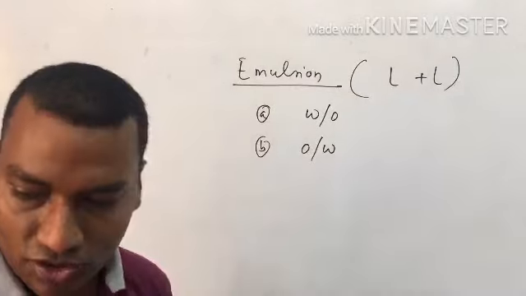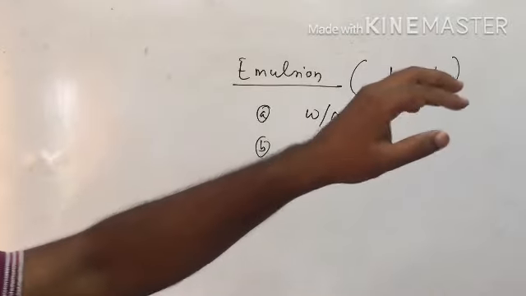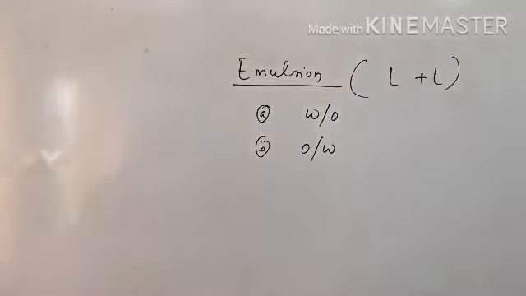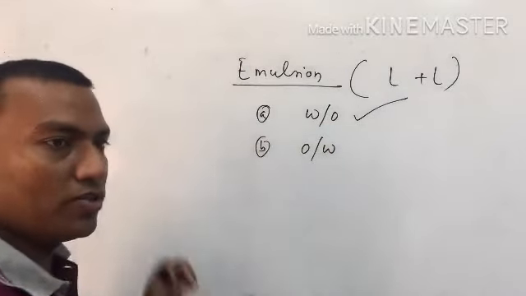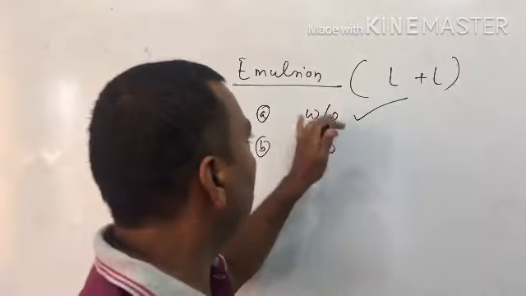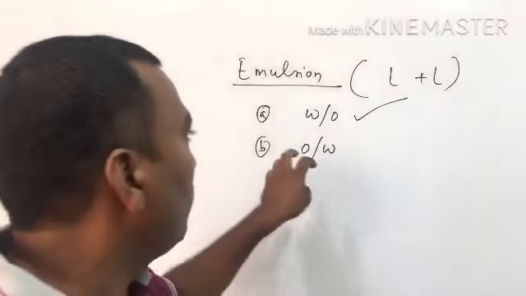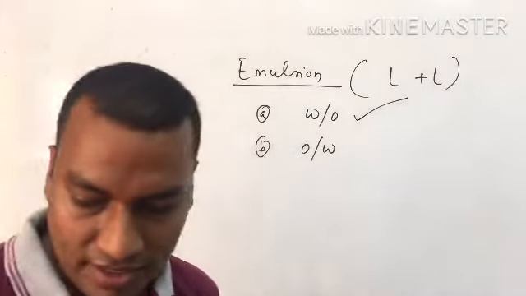So in water in oil type, butter and cream are the examples. Heavy metal salts of fatty acids, long chain alcohols and lamp black are used as emulsifying agents here. Clear now? In oil in water type, oil is the dispersed phase and water is the dispersion medium.